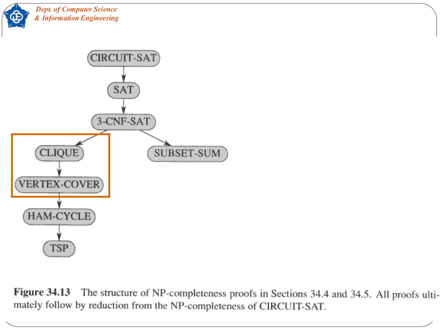First clique, then vertex cover, followed by Hamiltonian cycle, and finally the traveling salesman problem. The orange box here highlights the textbook reduction from clique to vertex cover, showing how a solution to one directly yields a solution to the other. At each link in this chain, proving NP-completeness for the next problem depends on a polynomial time transformation from its predecessor, ultimately tracing all the way back to circuit SAT.